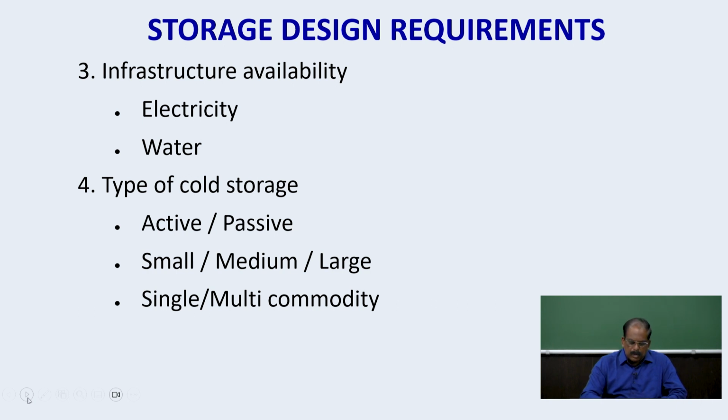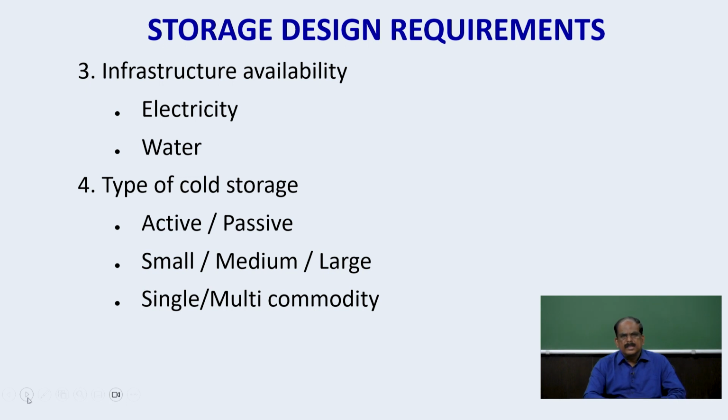Small, medium, large, so this is according to the storage capacity. It is classified into small, medium or large. Whether we want to have a medium type cold storage or a large type cold storage. Single or multi-commodity, whether the cold storage will be used for storing a single commodity or multiple commodities at different temperatures, etc.